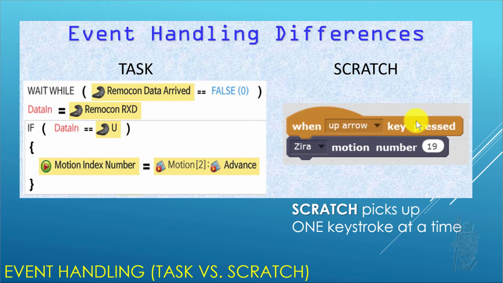When the up arrow is pressed, that's the event. You match it up with the action that you need to do, which is motion 19. Very easy, because Scratch picks up only one keystroke at a time. Remember, in task we can combine up, down, left, right together, or 1, 2, 3, depending on how you want to do it. But because we're using the keyboard in Scratch, it's one keystroke at a time only. So you have to change the way you design your solution quite a bit.